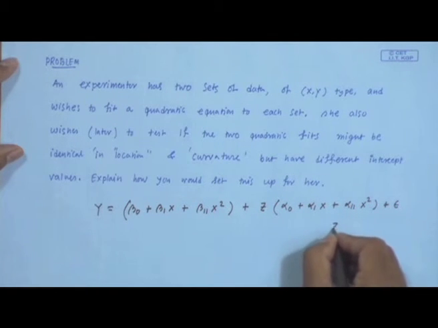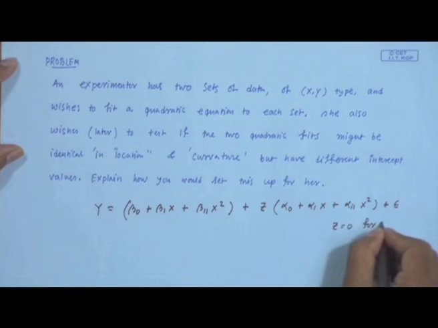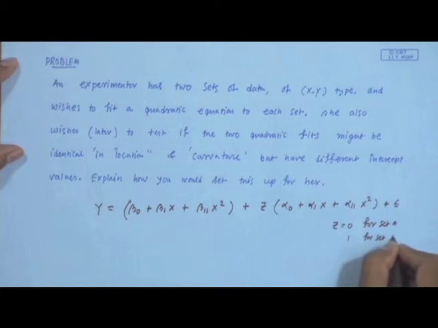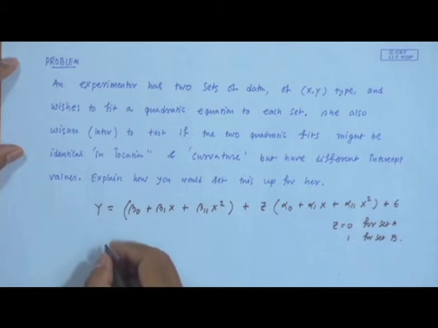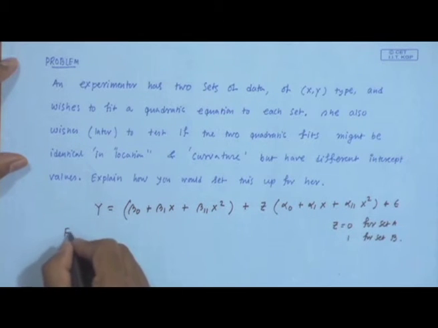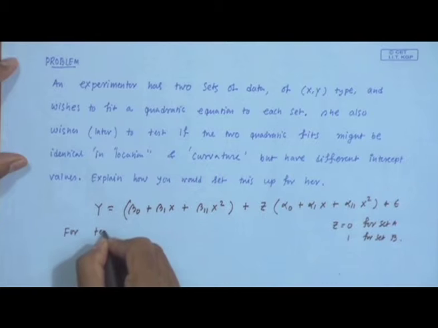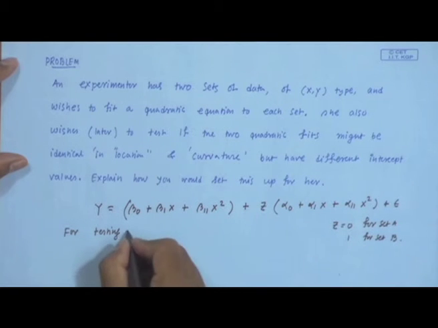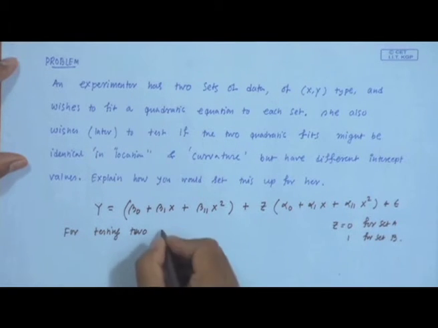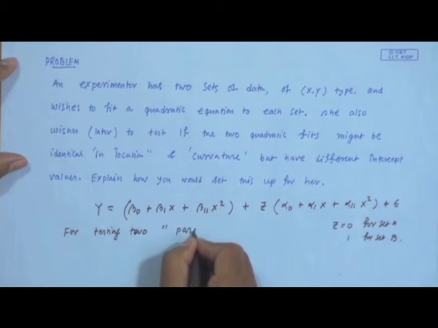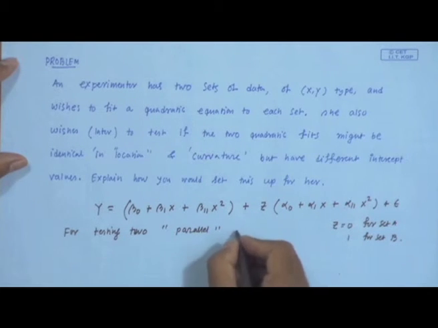So, of course, you know that z equal to 0 for set A and 1 for set B. Now, she wants to check whether she can go for two parallel quadratic fits.